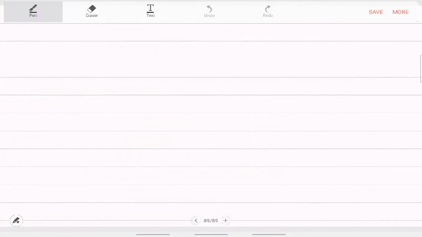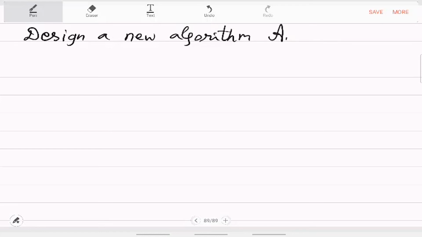Yeah, so fortunately Chernoff bound is there to help you. So, design a new algorithm, call it AM. What will it do? So, it will repeat A m times independently.